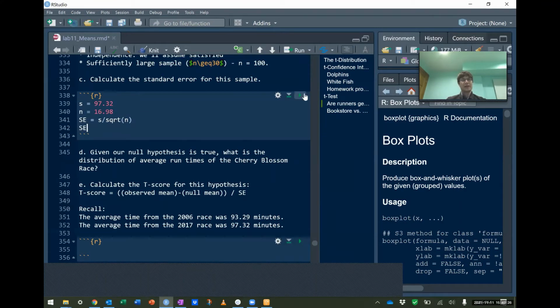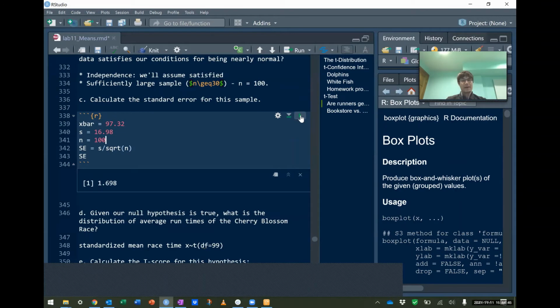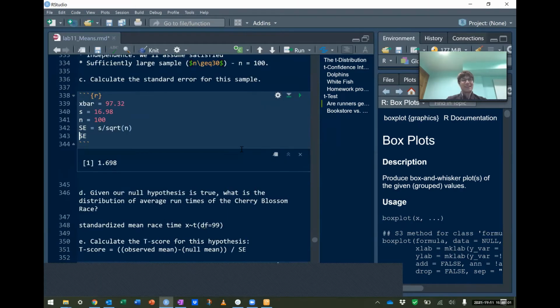Okay, so that's our standard error. So I'll see if I can edit this video. Okay, so these are the correct values for the mean, the standard deviation, and the sample size. So we got the standard error. That looks better.